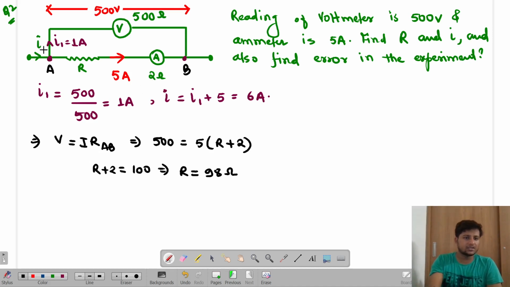You are thinking of a small i, but no, I am writing this as capital I. That overall I is a small i, but along the R, only this 5 ampere is there or not? Find the error in the experiment. Do it fast.